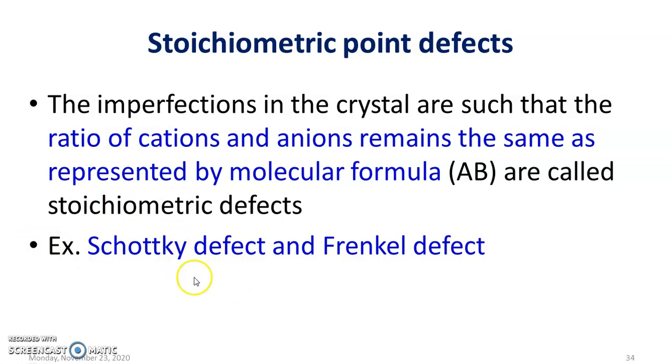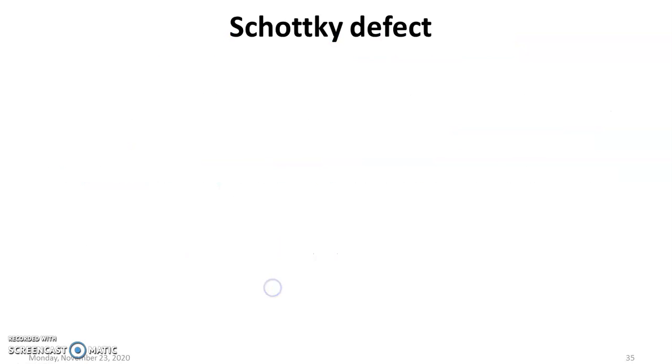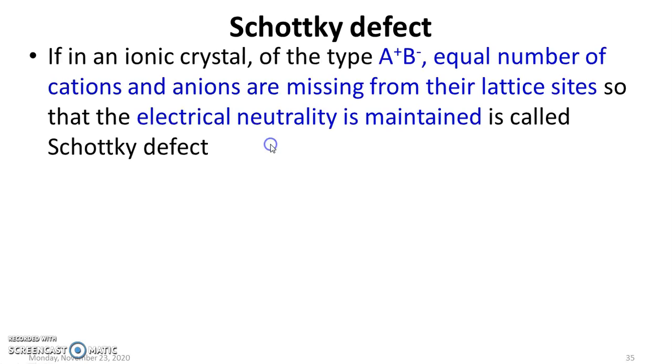The most common stoichiometric point defects are Schottky defect and Frenkel defect. First of all, Schottky defect. If in an ionic crystal of the type A plus B minus, equal numbers of cations and anions are missing from their lattice sites so that the electrical neutrality is maintained, it is called Schottky defect.